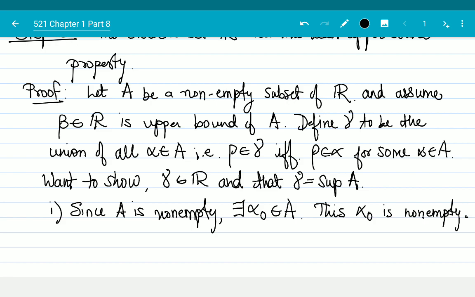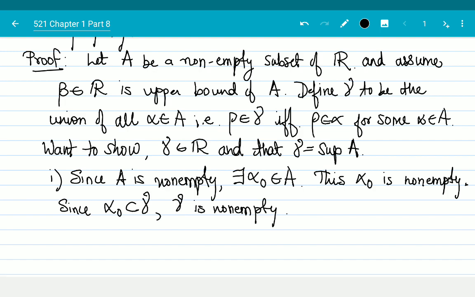Well, there is an easier way to say this. Since alpha naught is a subset of gamma, gamma is not empty. Why is it a subset of gamma? Gamma is a union of everything.